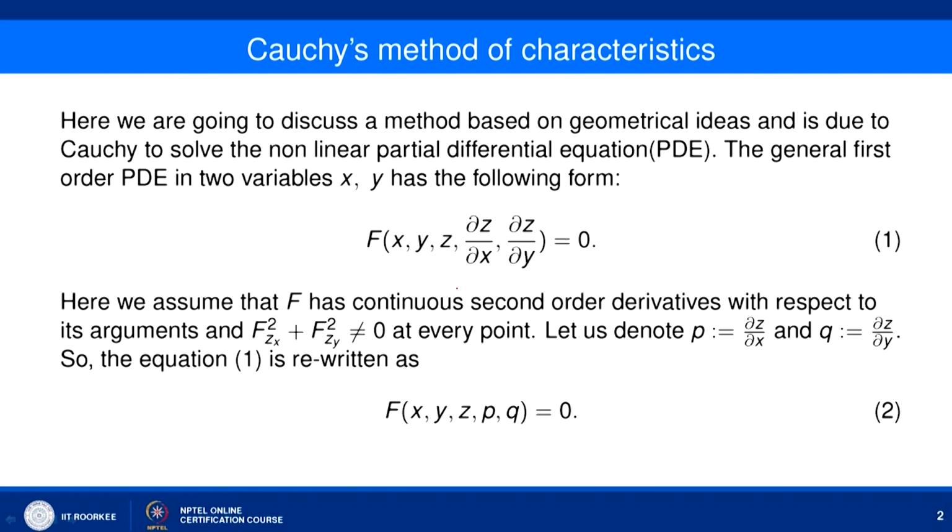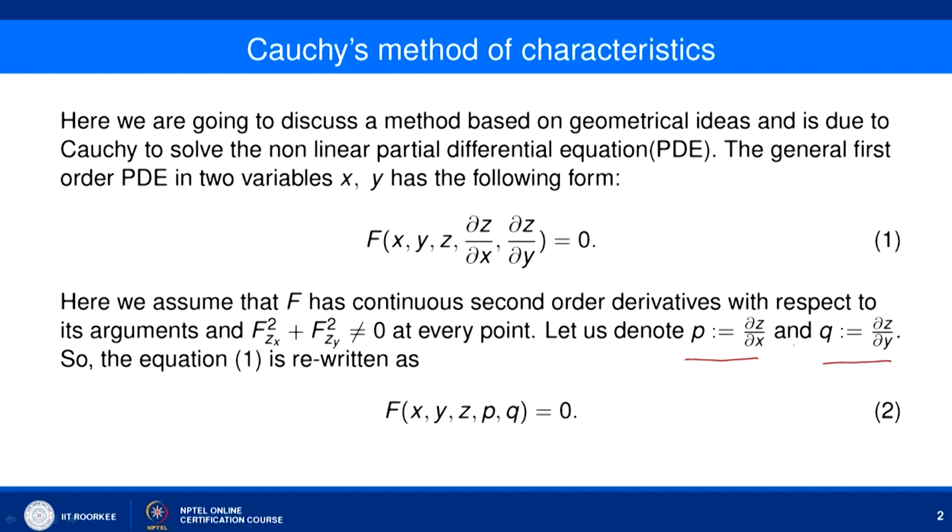So, in fact we can always solve f(x, y, z, ∂z/∂x, ∂z/∂y) either in terms of z_x if f_zx is non-zero, or in terms of z_y if f_zy is non-zero. For simplicity, let us denote p = ∂z/∂x and q = ∂z/∂y.